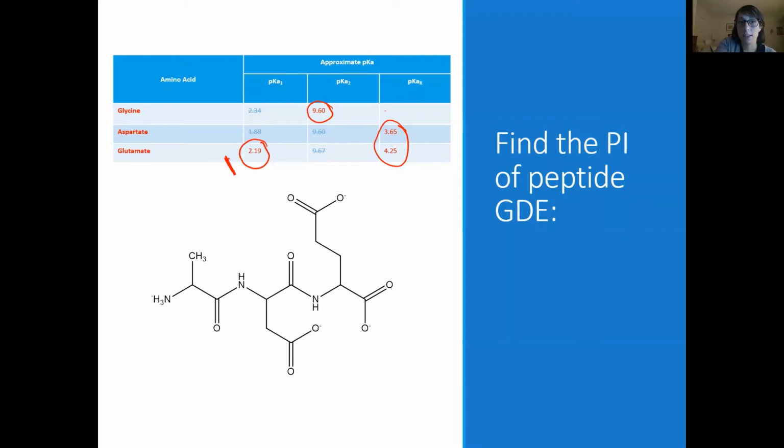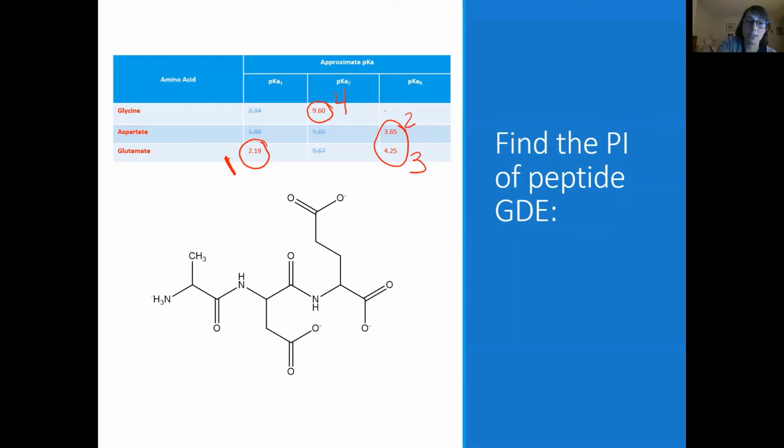The next one is this pKa for the aspartate R group, then the glutamate R group, and then last, the glycine amino group. So I've labeled these in increasing pH, and I'm going to show you again where these are on the structure.